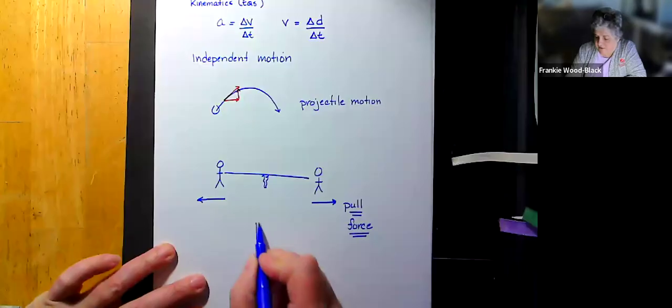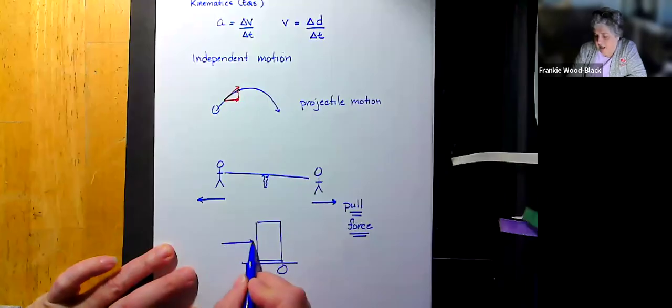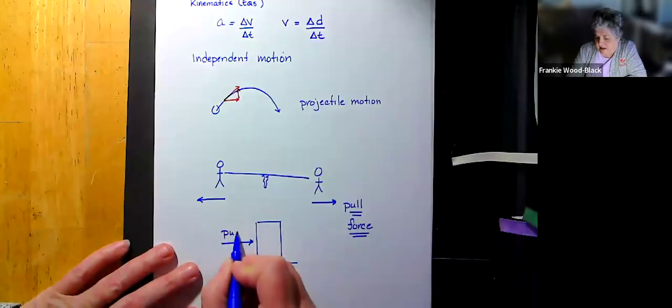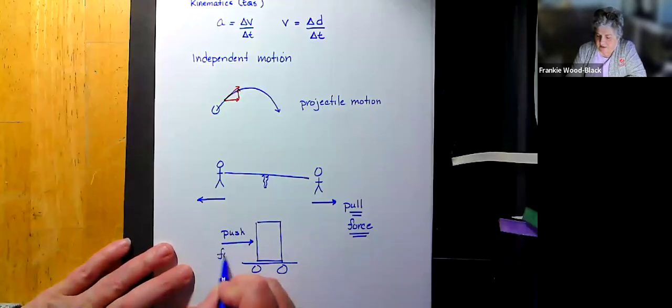We also know that if I have a big object and I'm going to put it on some wheels here, and I'm applying something along the lines of getting it to move, and we've called that thing a push, I'm applying another force.